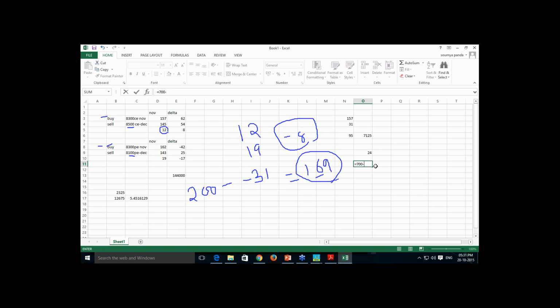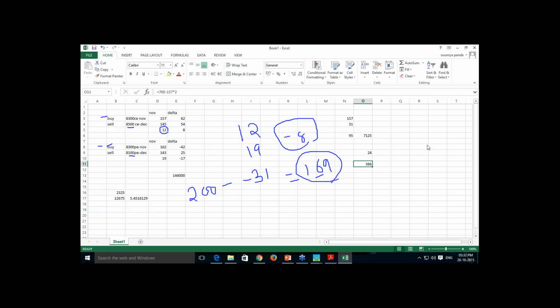At near about the end of November, if you are expiring at 9,000 and the December contract will be quoting at some 140 or 150 level, 150 into 2, or even 157 into 2, then also you will be getting some 386 rupees profit.